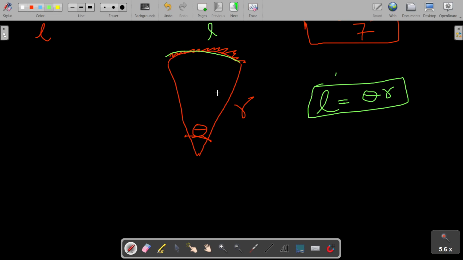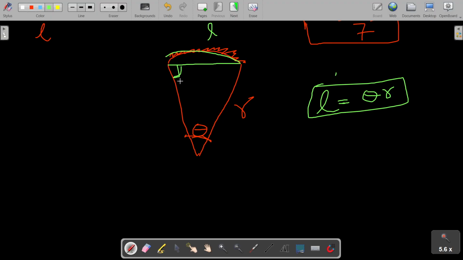How do we get there? If I draw a perpendicular here, this is 90 degrees.